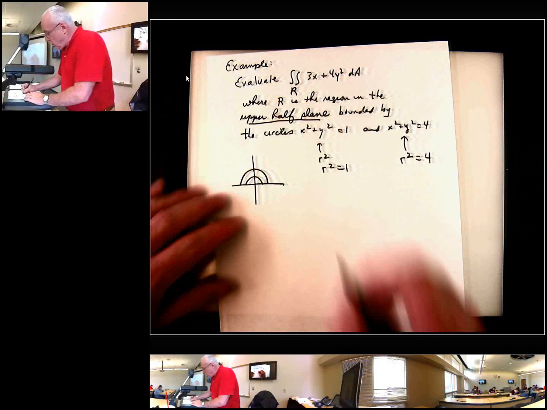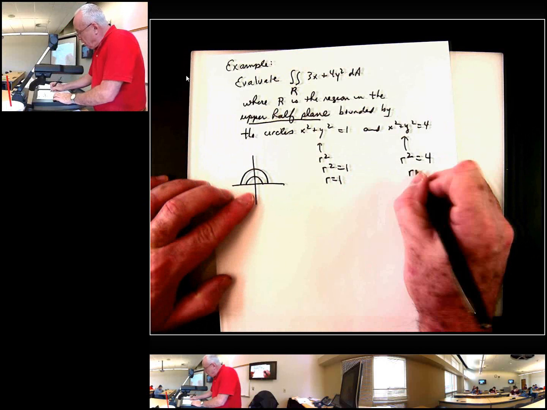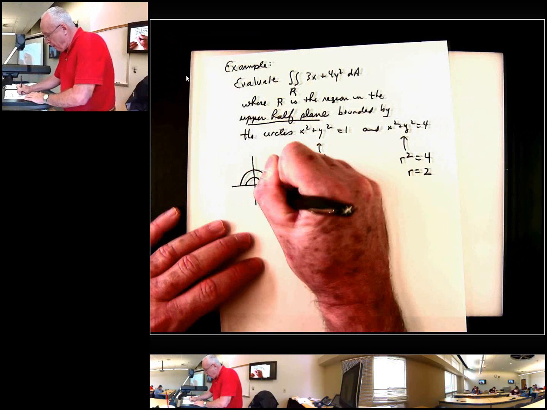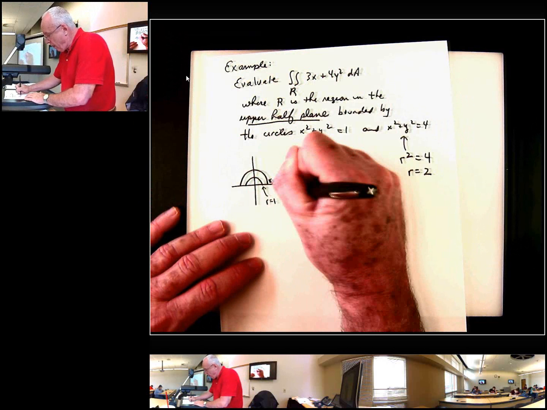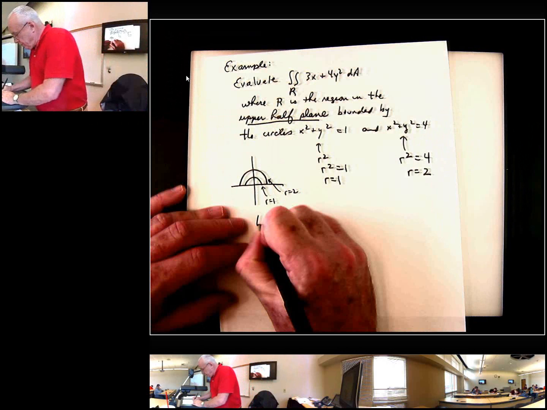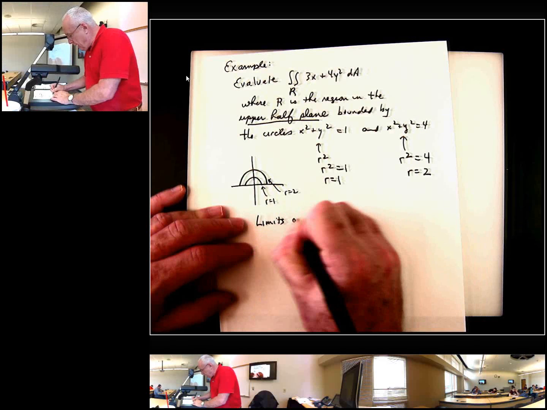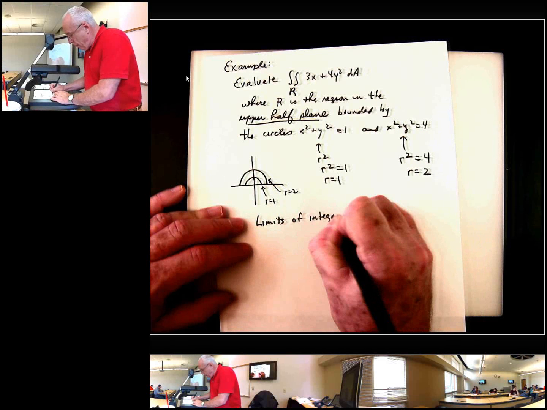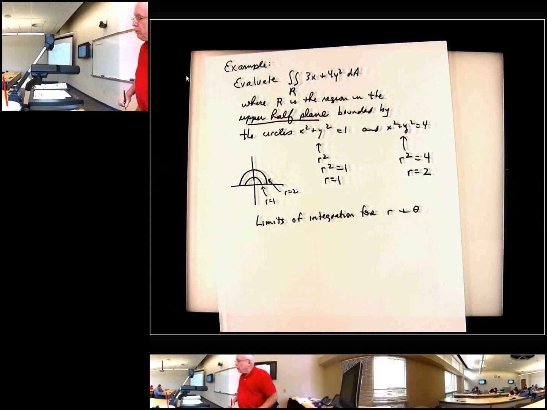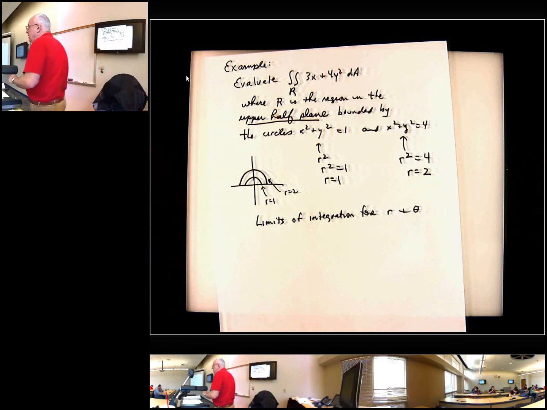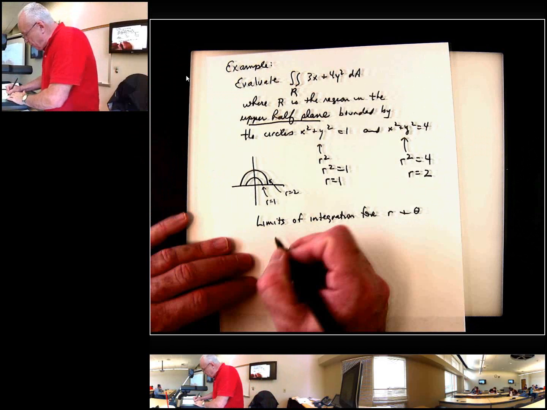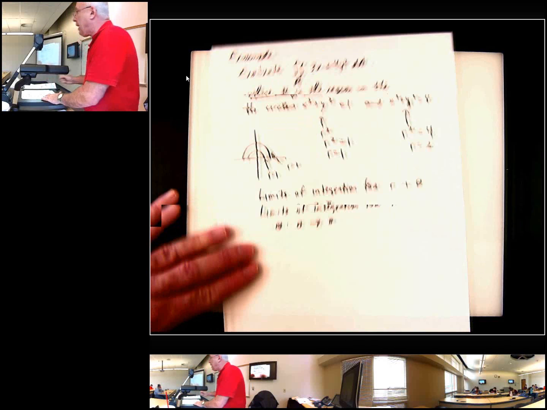So therefore, r is equal to 1, and taking the square root, r is equal to 2. Okay, so we have to get our limits of integration for r and for theta. So r goes from 1 to 2. Because we're talking about just that upper half circle, theta goes from 0 to pi.